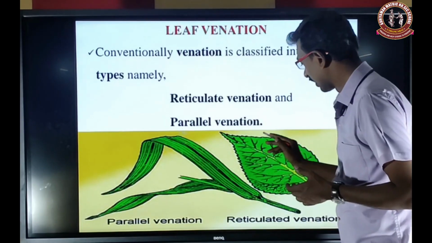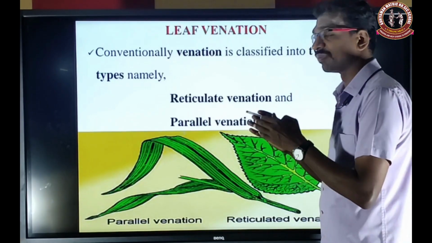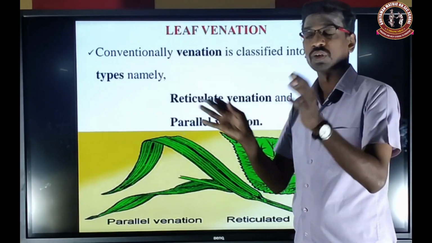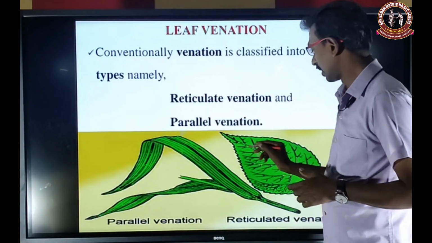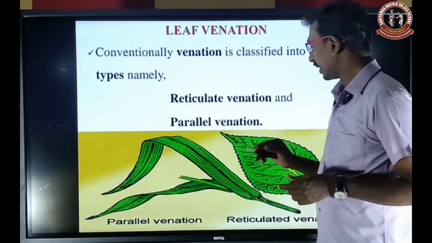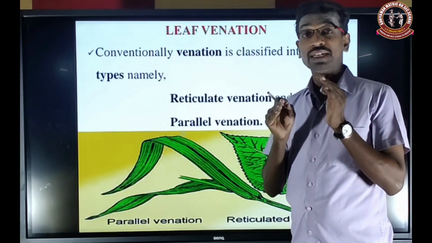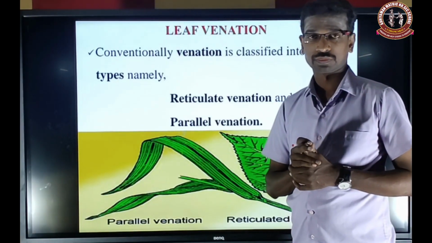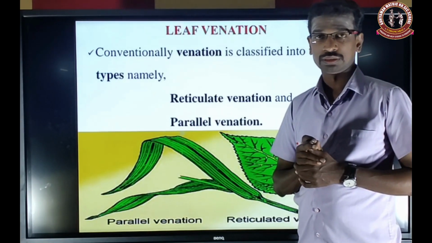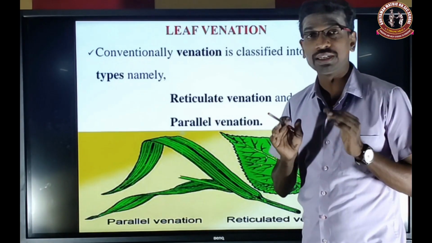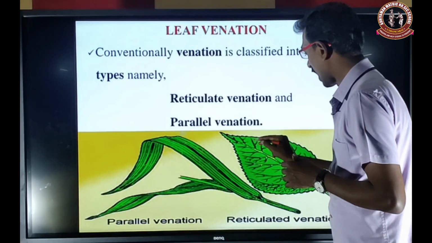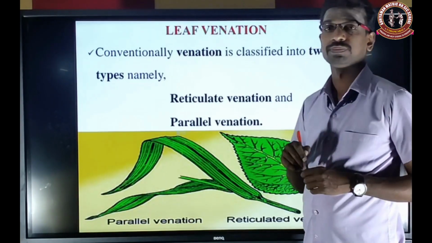It has a net-like structure because it divides further and finer to form a net. That is reticulate venation. Reticulate venation is common for all dicotyledon plants.